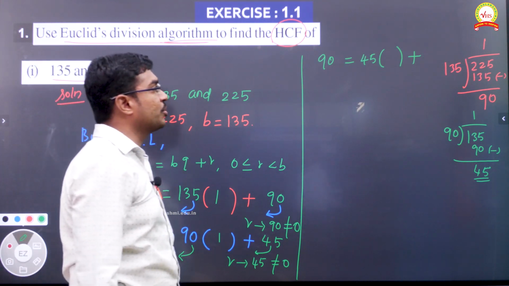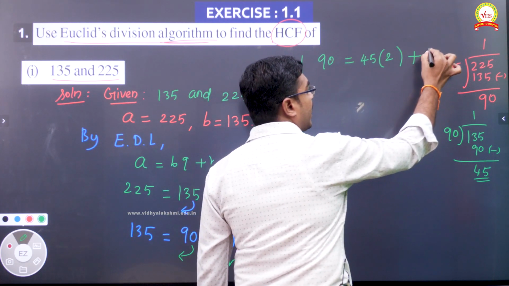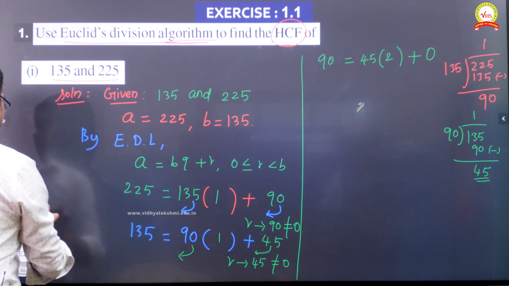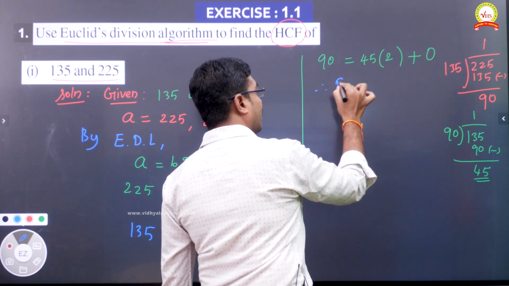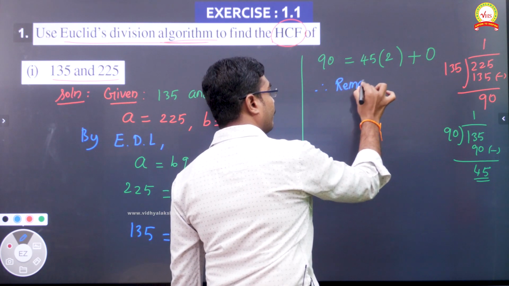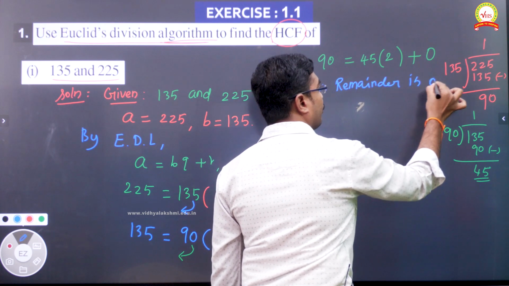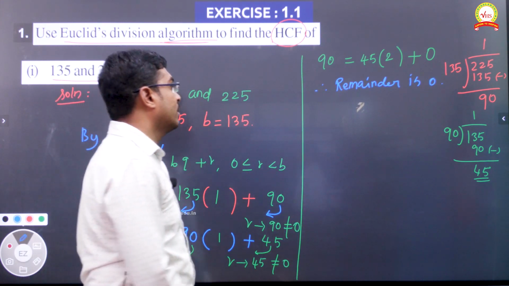You can directly put it, no problem. So 45 2s are 90. So the remainder is 0. The remainder comes to 0. We got it. Okay. So therefore the remainder is 0. We got remainder 0. So the process will end.